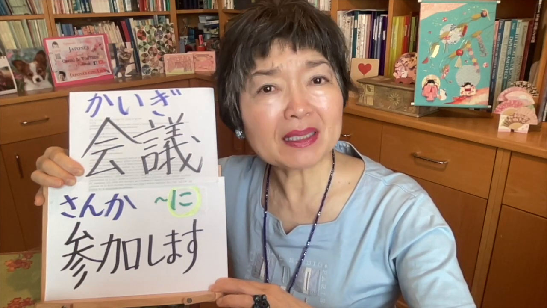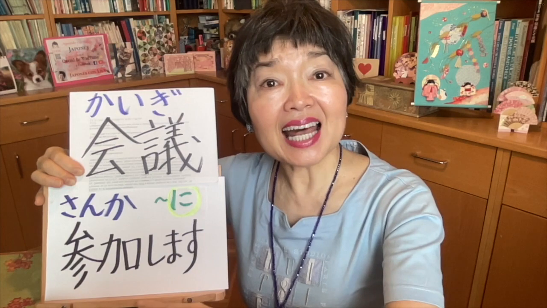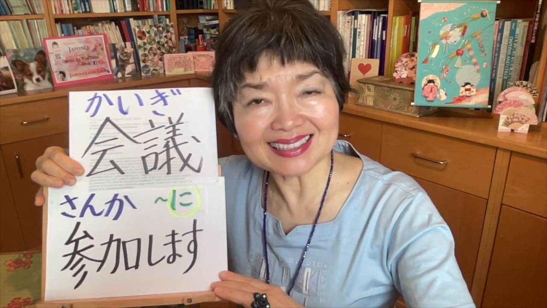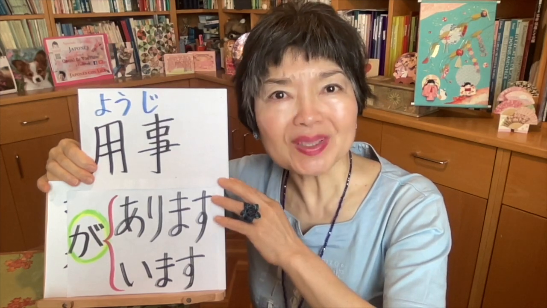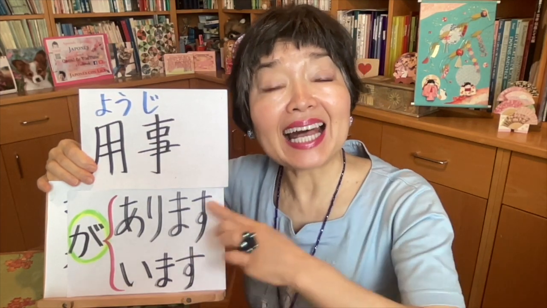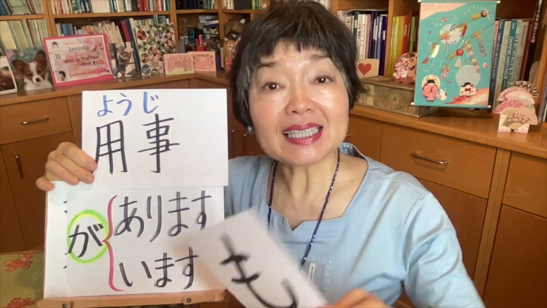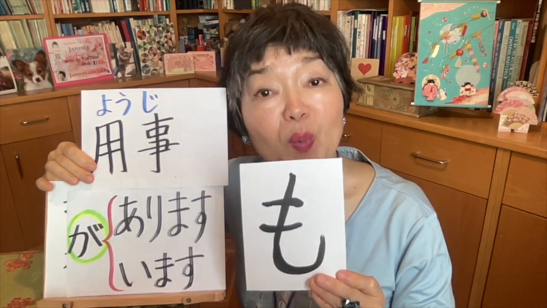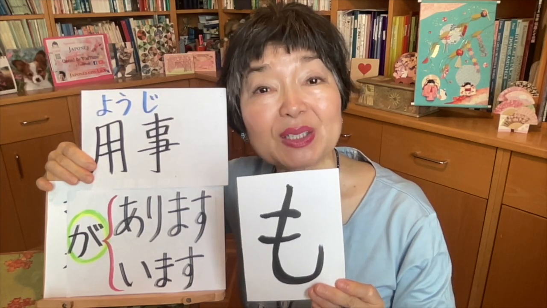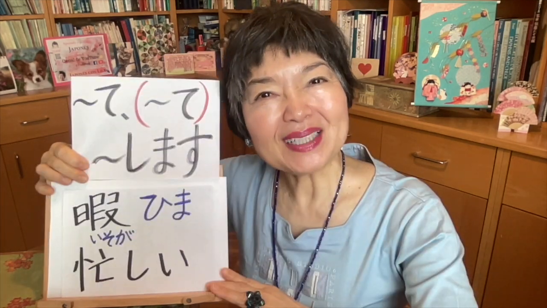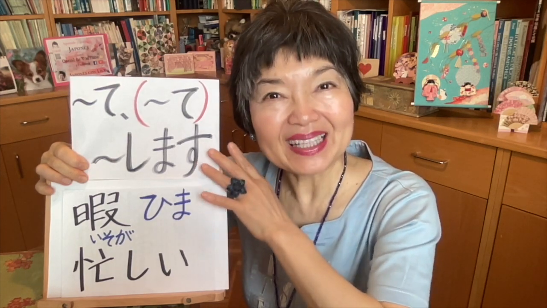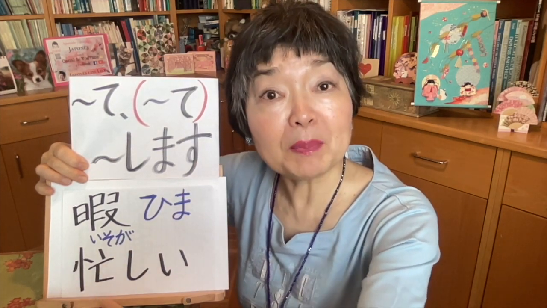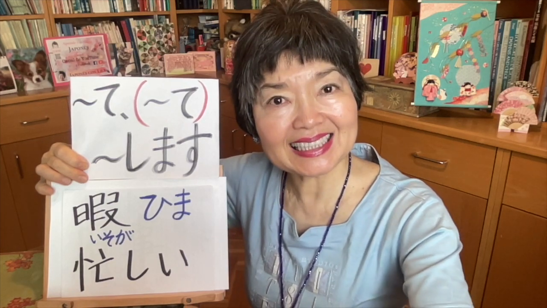And I can't participate. 参加できません。 I already have plans or I have something to do. 用事があります。 Here, this particle が we can change to も if you want, because there are more reasons. 用事もあります。 At first, I'm going to tell this sentence using te. And I'm busy, 忙しい adjective.